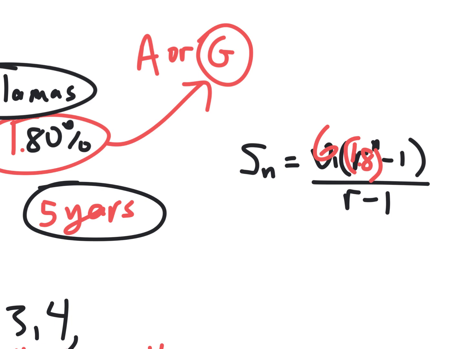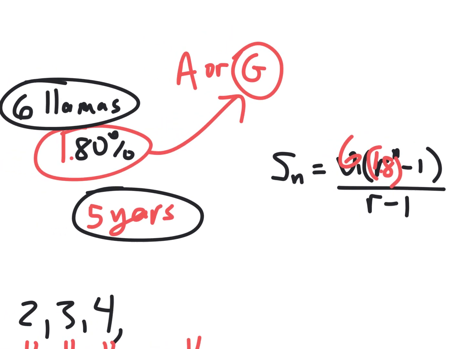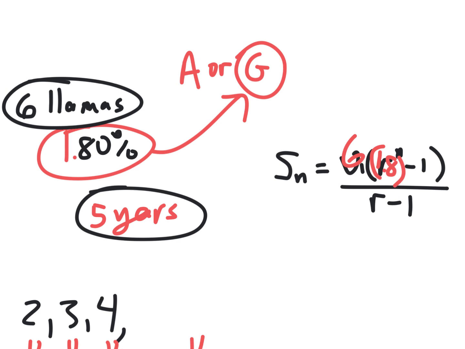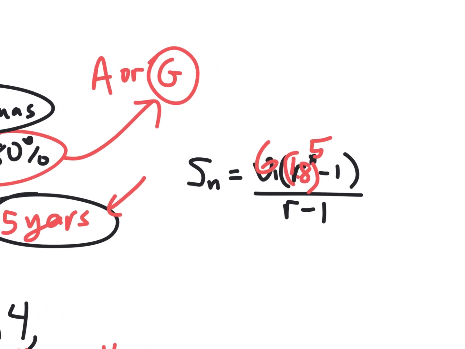To the n? Zach, you know which one n is? Which one of these is n? Hint, n stands for number of. 5. Yep, it's the 5. That's our number of years, so that's 5. And then r was already 1.8, so there it is.